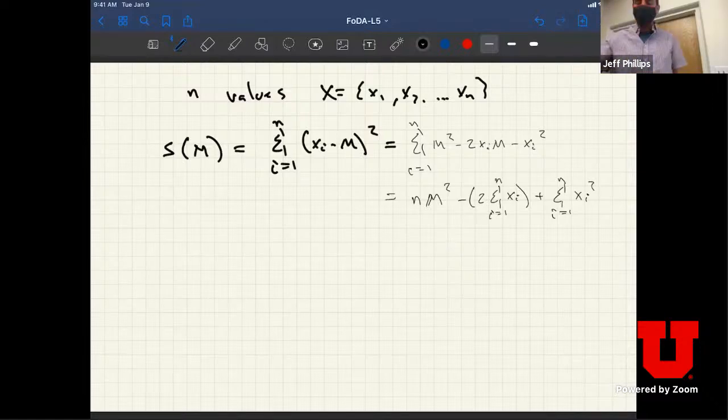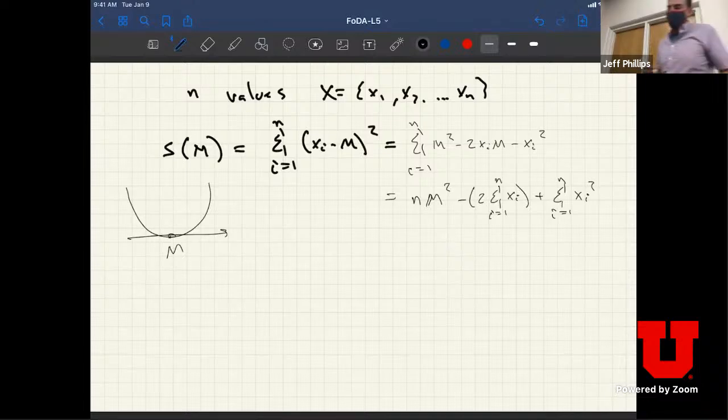So if this is a function, I've claimed this is going to be a parabola, right? As we talked about in class last time, it's the sum of these parabolas, but it's going to look like this. And I want to find the minimum of this function, and the value of m is on this x-axis here. How do I do that? I take the derivative and I set the derivative equal to 0.